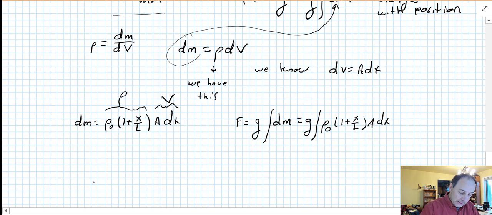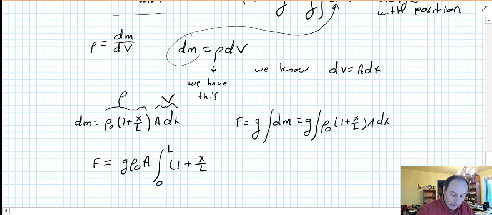Let's pull out some constants here. F equals g. Rho 0 is a constant. A is a constant. And L is a constant. Well, but L is part of the integrand, so we can't pull that out. I was getting ahead of myself here. Can't pull that one out yet. So we keep rho 0 over L, and we're left with this 1 plus x over L dx. Integrate that, and I'm going to keep our constants outside for a moment.